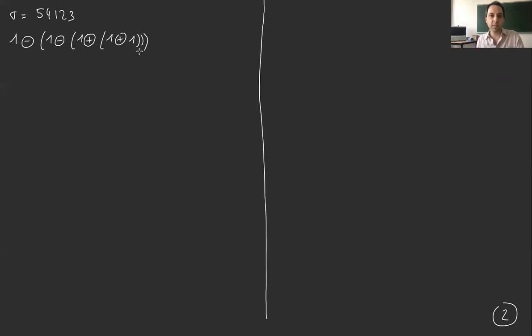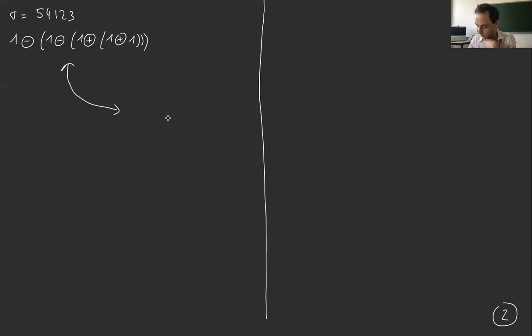As sigma is built from binary operators, it's naturally encoded with a binary tree where internal vertices are decorated by this operator, plus or minus. So 5, 4, 1, 2, 3 is 1 minus this big permutation, and it is encoded by this binary tree.